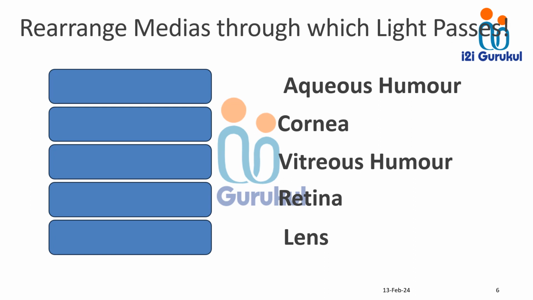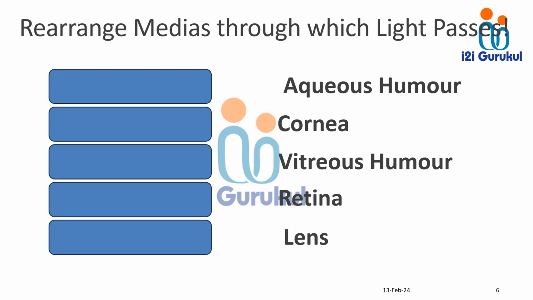We can compare the human eye to the camera. The image produced on the camera is inverted. Likewise, the image falls inverted in the eye. So how do the light rays reach the retina from anterior to posterior, how do they travel, one by one? You can rearrange these options.